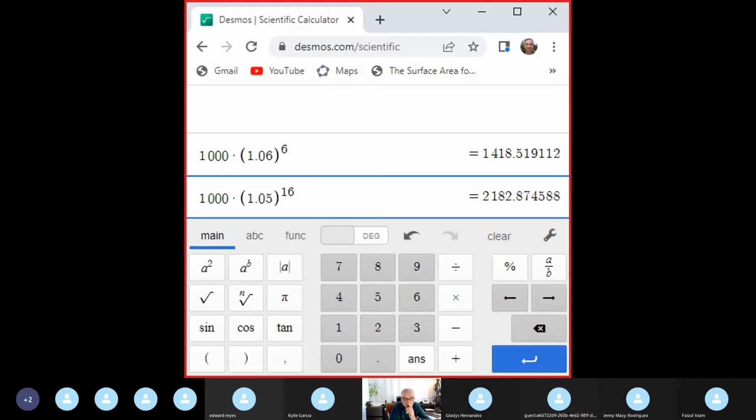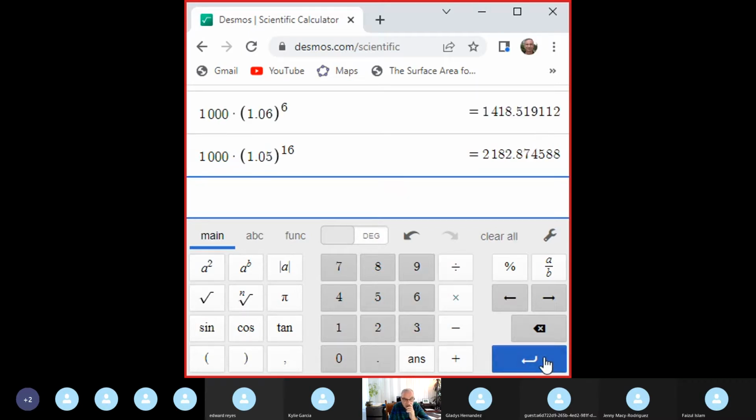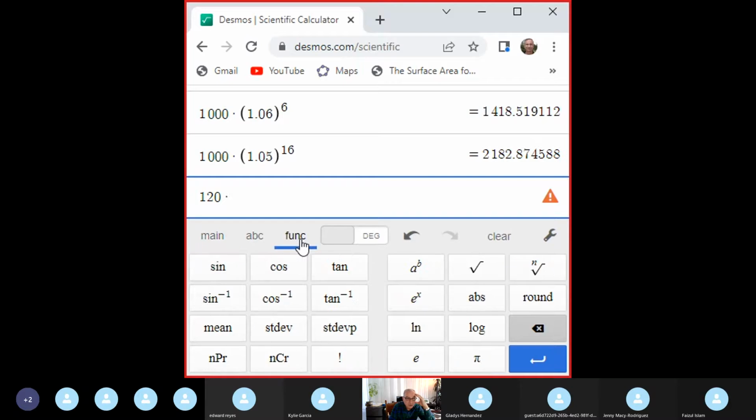I press enter, next line, I put 120, multiplication, then I put the E, the exponential function. Normally every calculator has that function, and you need to find it. My virtual calculator is here, function, and you press e to the x.